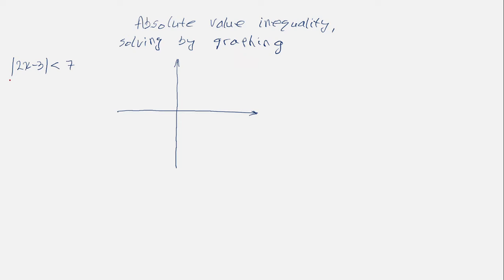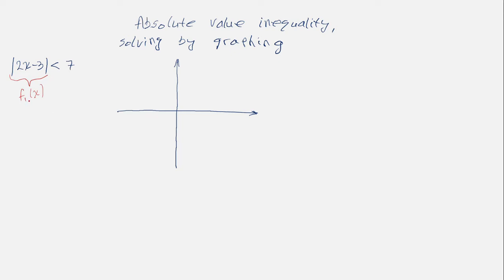So let's first graph this side. Let's say that's our f1 of x, or depending on which calculator you're using, it might be your y1. And then 7 is going to be our f2 of x, or y2.